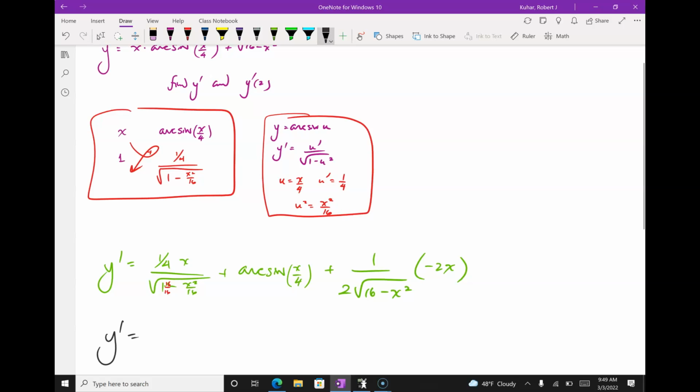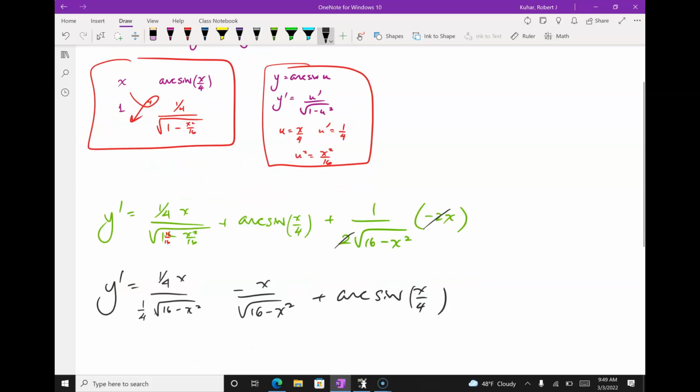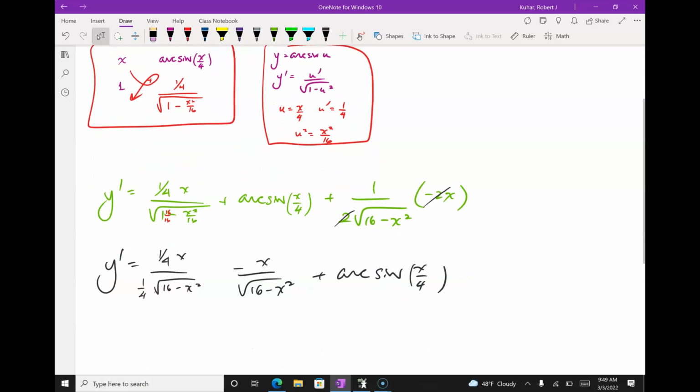Y prime is 1/4 of x divided by 1/4 times the square root of 16 minus x squared. I'm going to cancel these 2's.